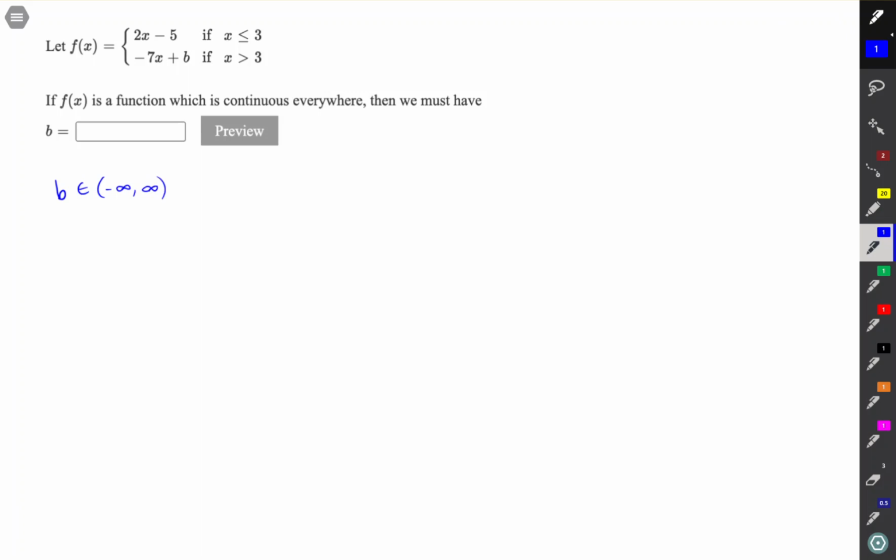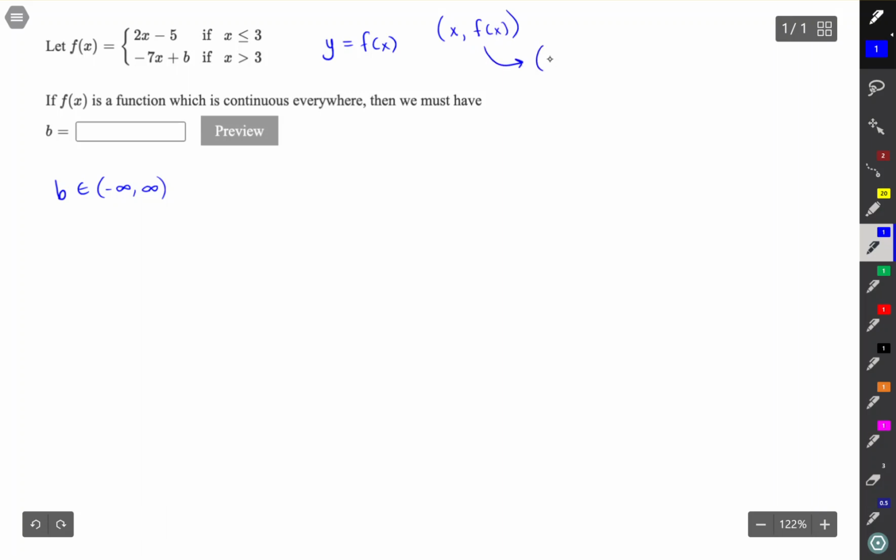One thing that's going to be really important for us to understand is the rule y equals f of x still applies even when we are dealing with piecewise defined functions. So whenever we choose some value of x, we put that into the function f of x, what we're going to get is some output value, which could look like, I'll call this y1 just being the first piece and y2 being the second piece.